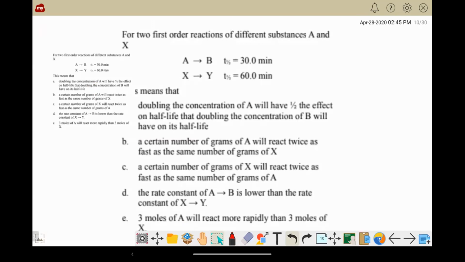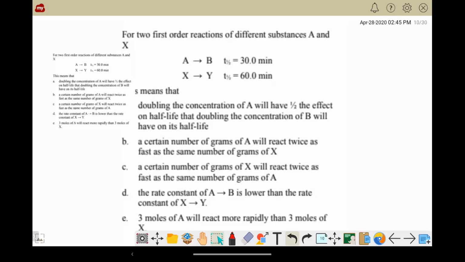So we have two first order reactions of different substances, A and X. A becomes B with a half-life of 30 minutes, X becomes Y with a half-life of 60 minutes. So it says this means: A, doubling the concentration of A will have half the effect on the half-life that doubling the concentration of B will have on its half-life.